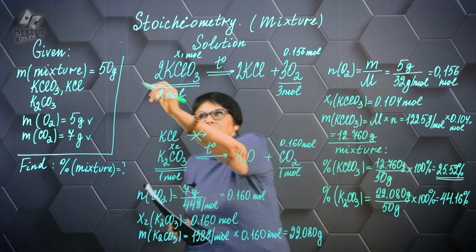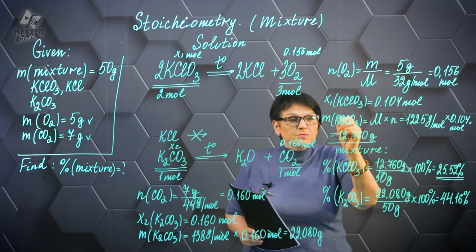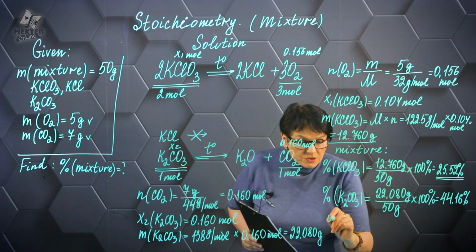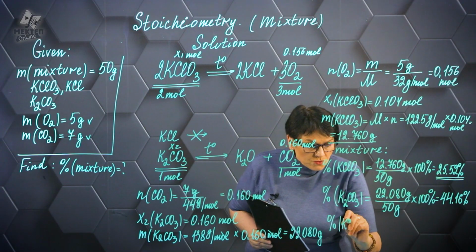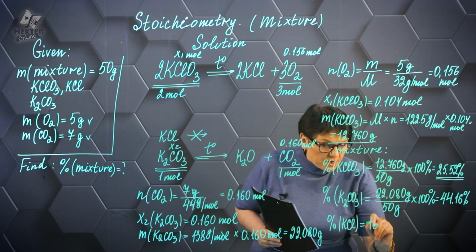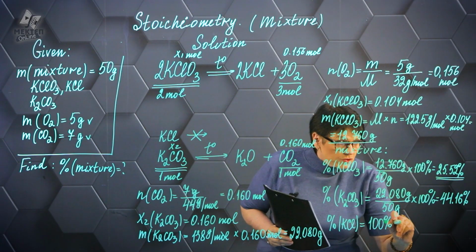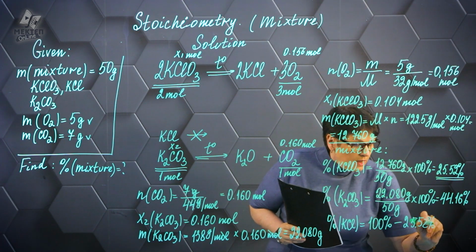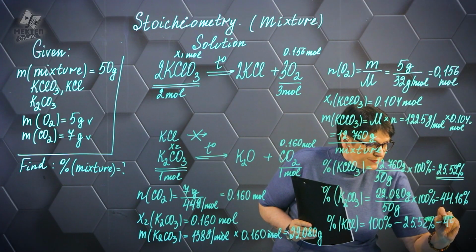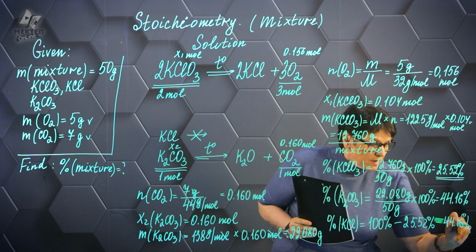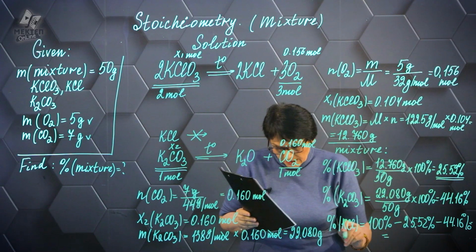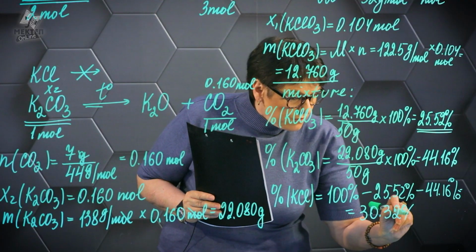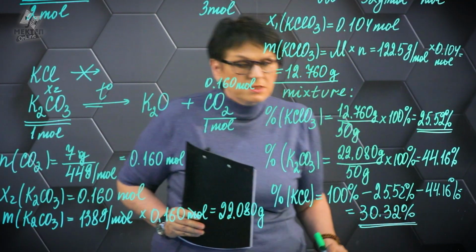We can find it by subtracting from 50 grams how much potassium chlorate and potassium carbonate there is, but we can do much simpler. Since the total composition of the whole mixture is 100%, we can subtract the percentages of potassium chlorate and potassium carbonate, and the rest obviously is potassium chloride. It accounts for 30.32%. Here is our other answer found.